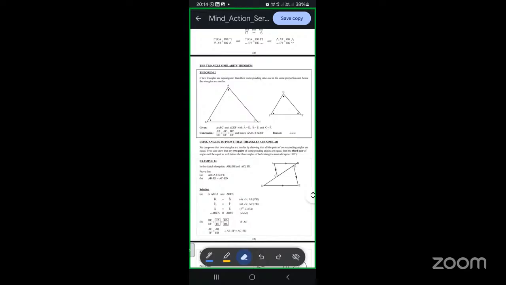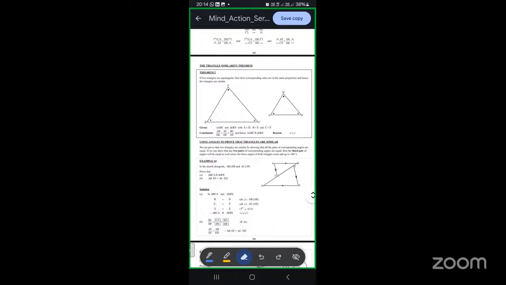If two triangles are equiangular, if we know that all the corresponding angles are equal, then the corresponding sides are in the same proportion, and hence the triangles are similar.